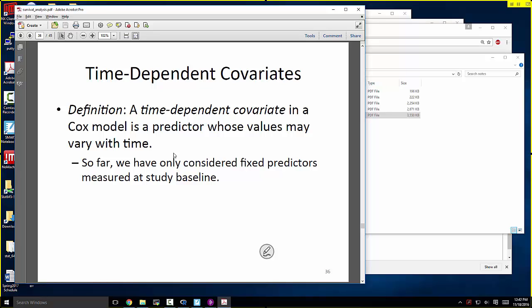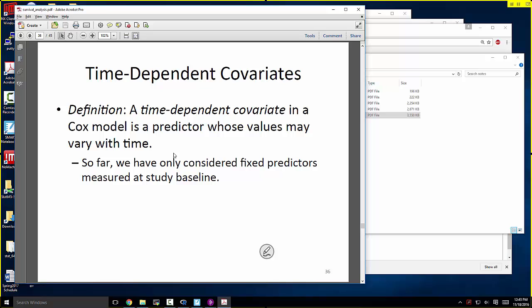Something like, have you ever smoked before? Could be something that we record at the beginning of a study for somebody, and we assume that it does not change over the course of the study. So a fixed quantity at baseline for the study is one way to define covariates. But there may be cases where the covariate you're interested in can change over the course of the study.